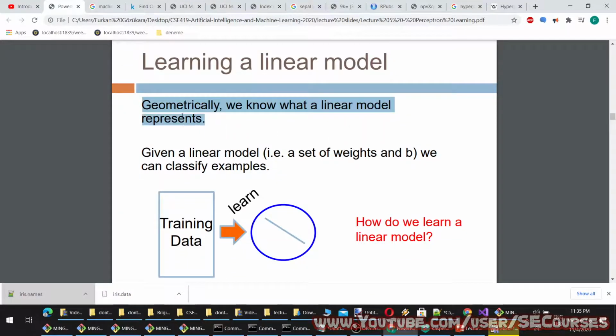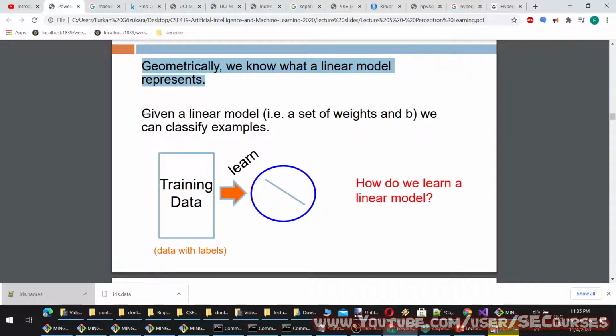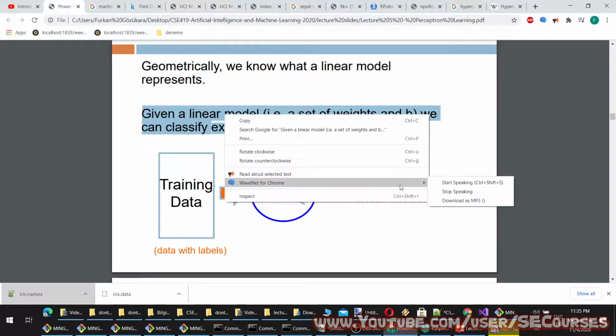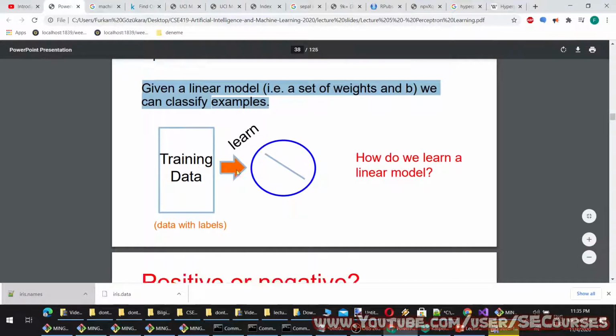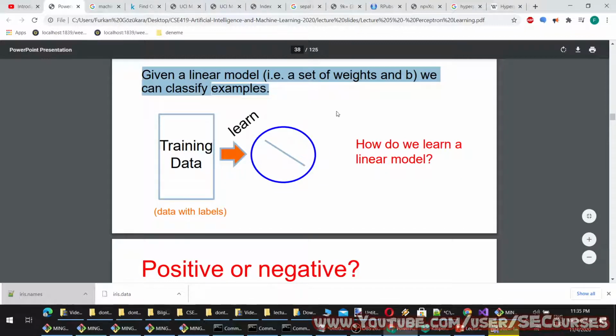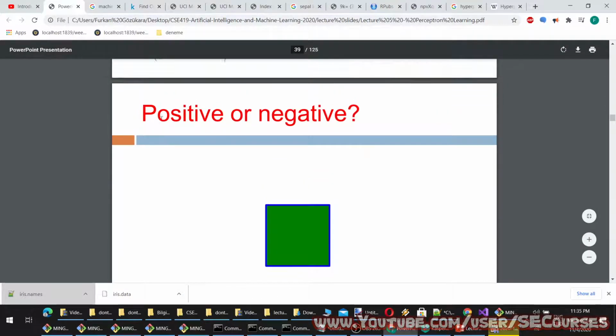Learning a linear model. Geometrically, we know what a linear model represents. Given a linear model, i.e. a set of weights and b, we can classify examples into one of the classes. It can be positive or negative.